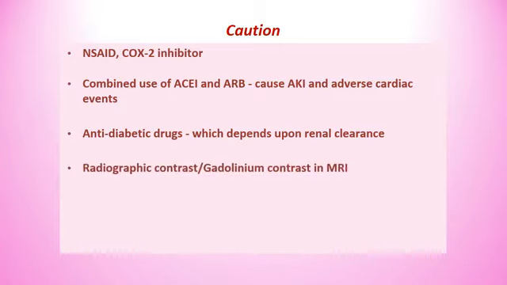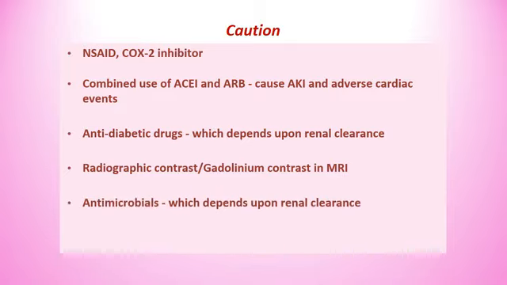Next is the radiographic contrast and gadolinium contrast for MRI scan, antimicrobial which depends upon the renal clearance, lithium containing drugs, because when the renal clearance is slow, it is better to avoid or reduce the lithium containing drugs for the safety of the patient.